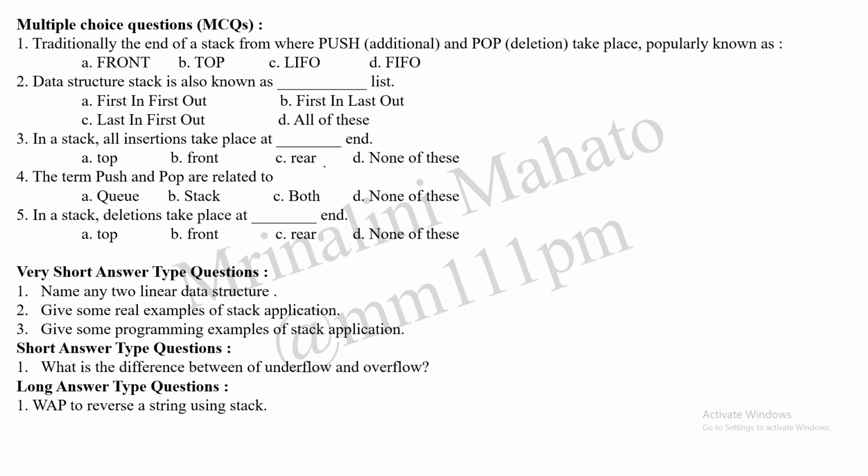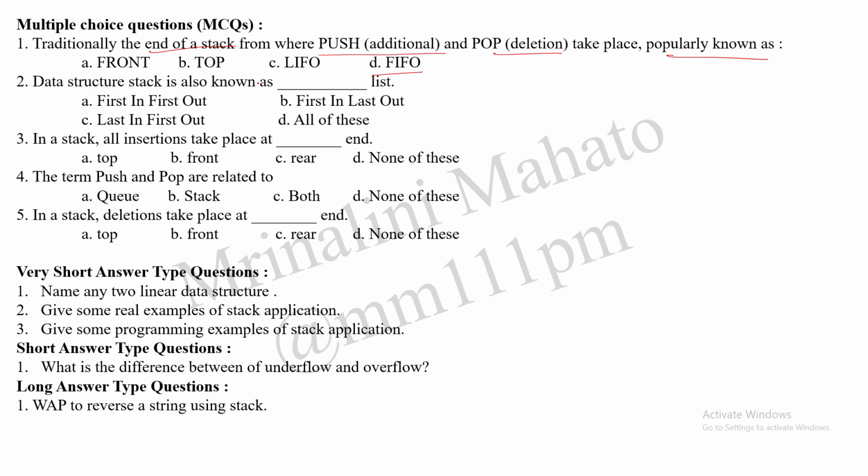run the program. Okay. Now you will take some multiple choice questions. Traditionally, the end of a stack from where push (addition) and pop (deletion) take place is popularly known as what? Front, top, LIFO, FIFO. Write in the comment section.